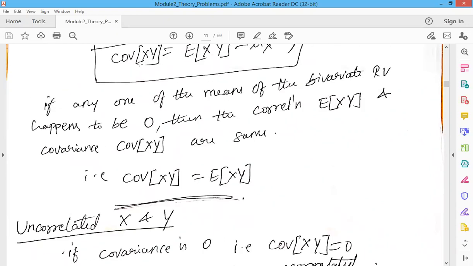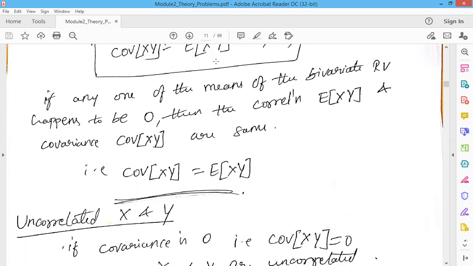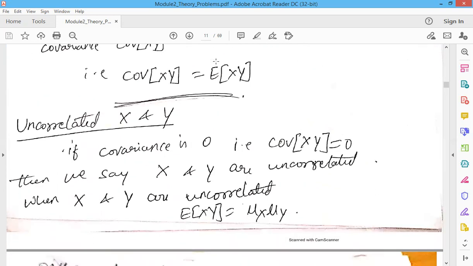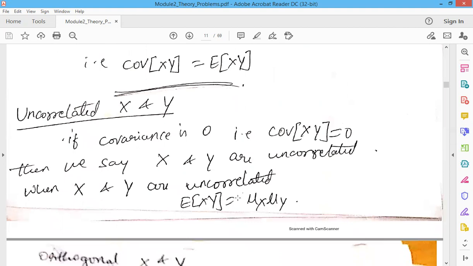Whenever the covariance value is 0, it means that the random variables x and y are uncorrelated with respect to each other. This is the main property that you have to remember. While calculating, if you get the value of covariance as 0, it means that x and y are uncorrelated with respect to each other. Whenever covariance becomes 0, this equation reduces to expectation of xy is equal to mu x into mu y.